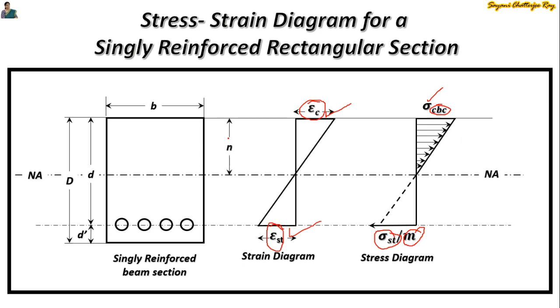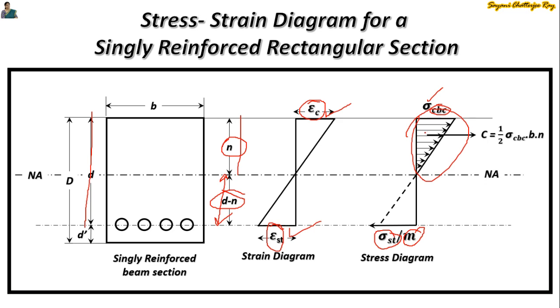Now the neutral axis depth is denoted by small n. If this total portion is d and this portion is n, then this one will naturally be d minus n. In this portion a compressive force C acts, which equals half sigma CBC into b into n, and it acts at a distance of n by 3 from the top.